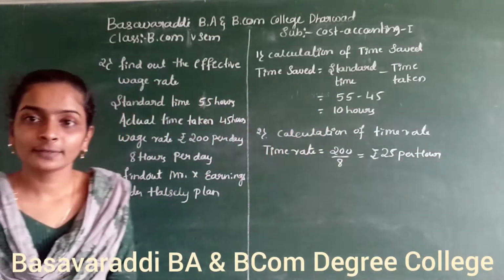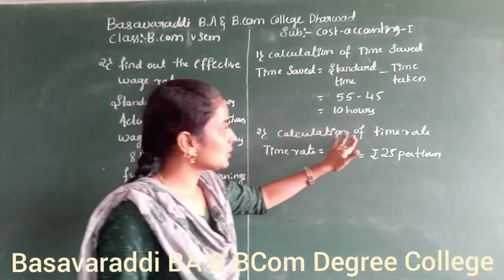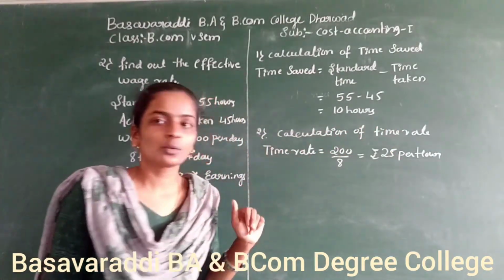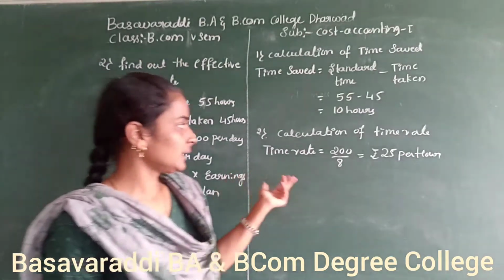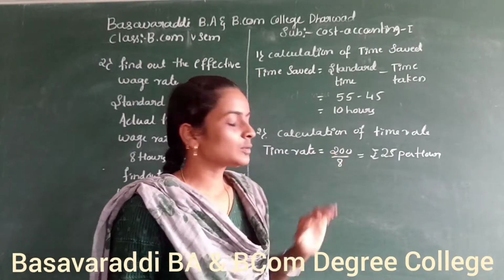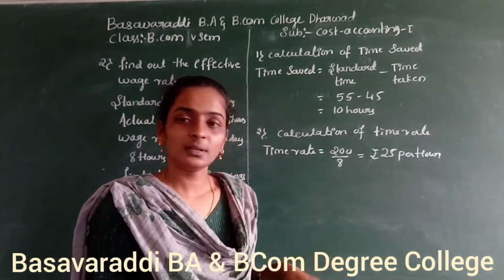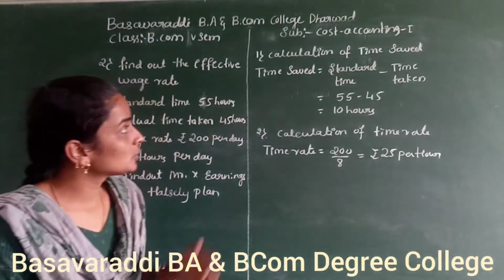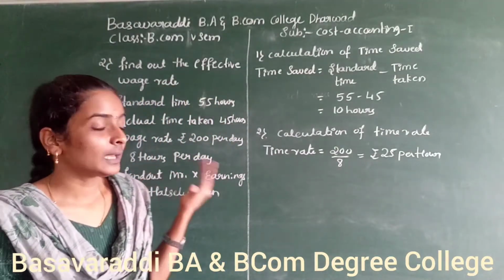Time rate is 200 divided by 8, that is rupees 25 per hour. I hope you understood how to calculate the time saved and the time rate.